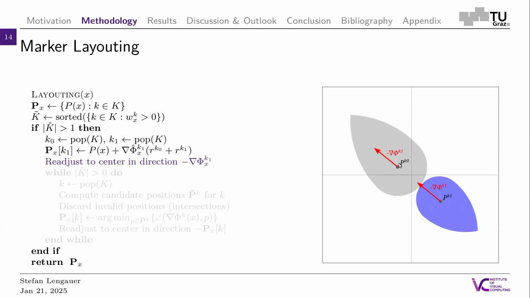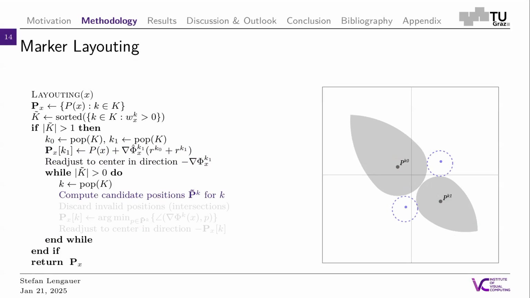For every additional component class we want to add, we do the following. We take the kth element, so the next biggest element from the classes we still need to consider, and we compute a set of candidate positions where we could place our marker. So our premise here was that we want to ensure tight packing, so we determine positions which touch at least two of the other already present droplets.